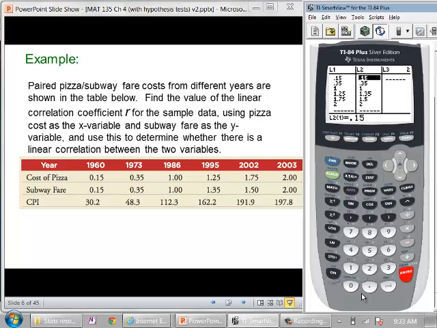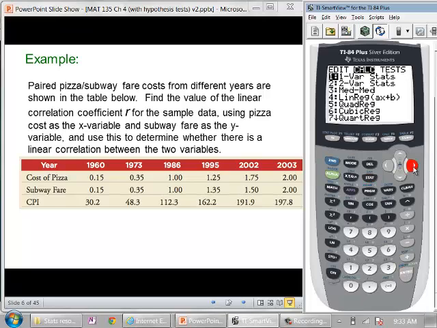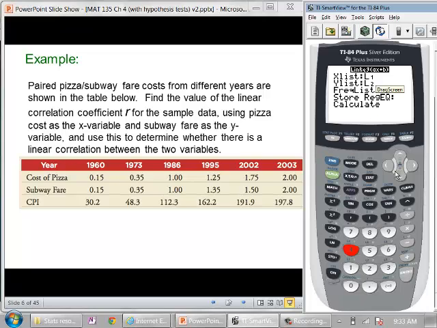Okay, then to get anything to do with linear correlation and regression, go back to your stat button, arrow over to calc, and we're going to choose the fourth one on the list, which stands for linear regression, and it has the AX plus B. So we want number 4, and if you've put your X's into L1 and your Y's into L2, then you don't have to tell it anything else.